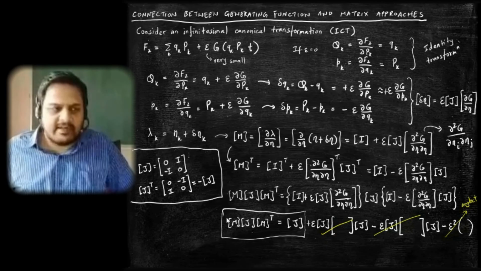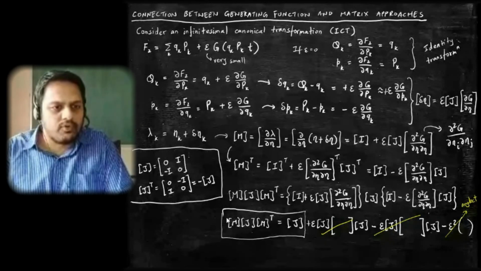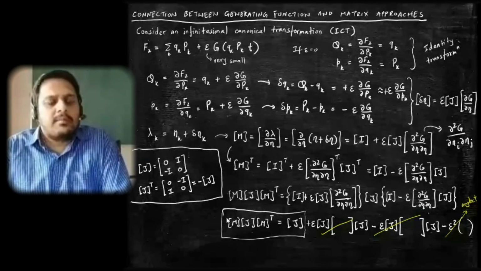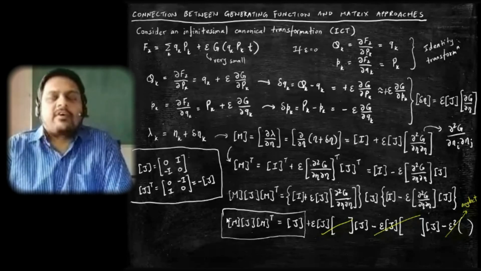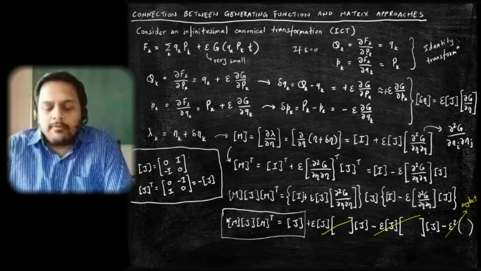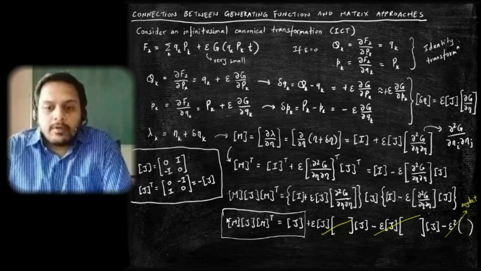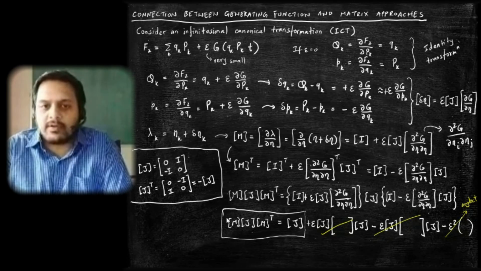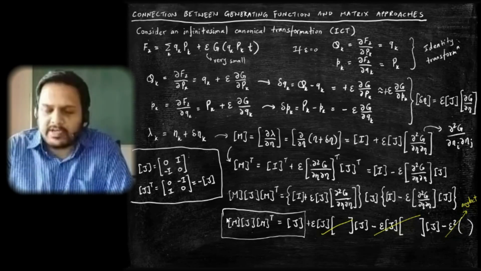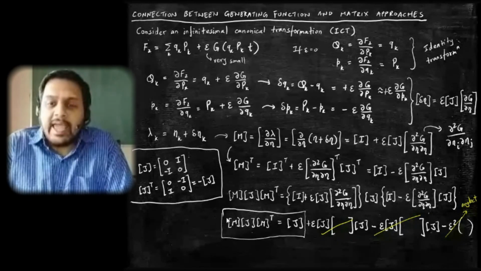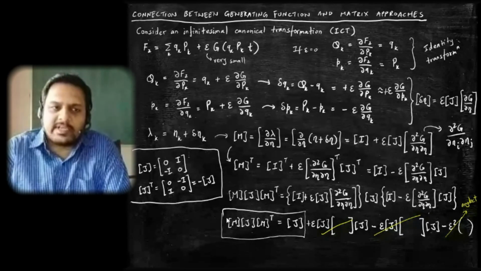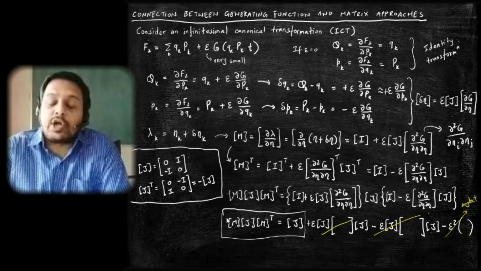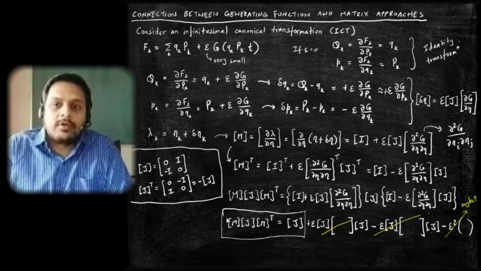This is basically what I wanted to do in this session. Where we have reached is the following: we now know that we have to be careful in choosing our generalized new coordinates and momenta, because any transformation from old coordinates and momenta to new coordinates and momenta will not necessarily give me a good result.